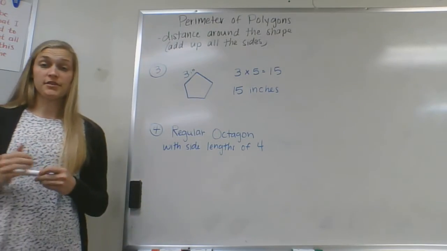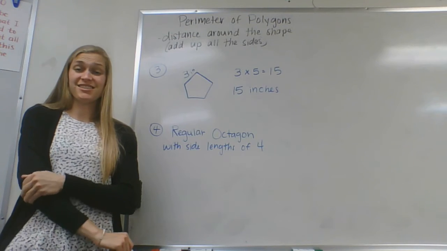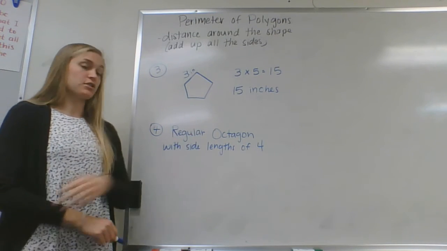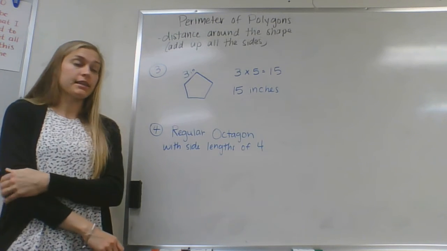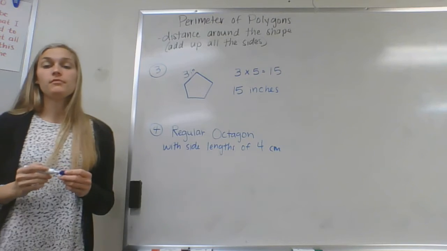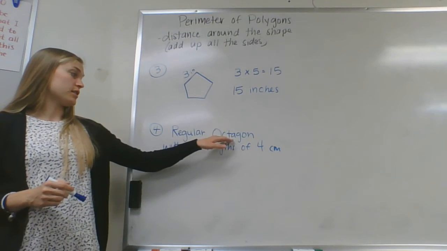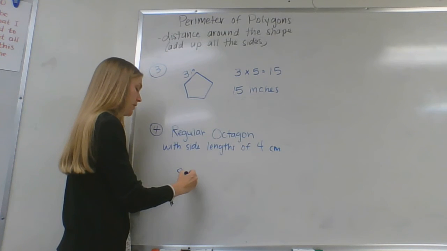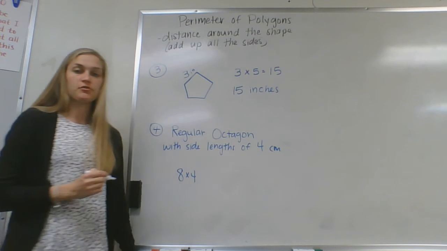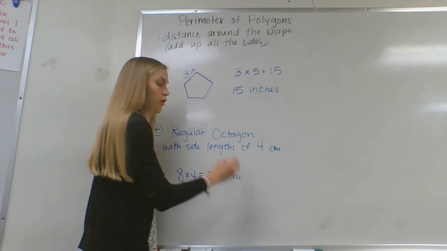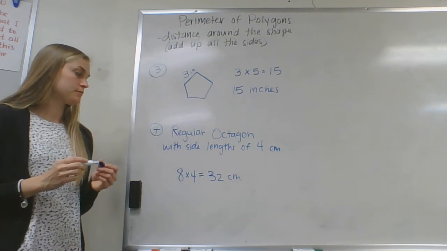So now you know what an octagon is. How many sides does an octagon have? It's regular, so all the sides are the same length, and they're all 4 centimeters. Okay, so you have to know an octagon has 8 sides. 8 sides that are each 4 centimeters would be 8 times 4. That'd be 32 centimeters all the way around that shape.